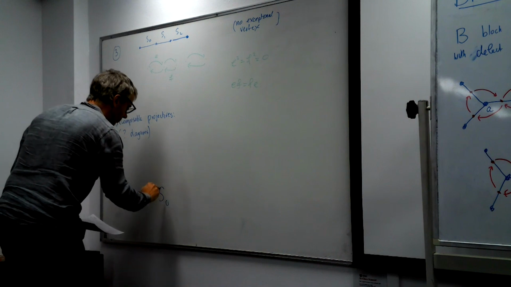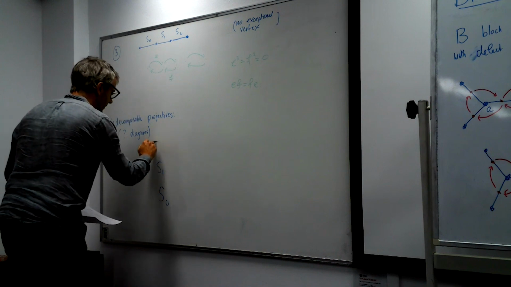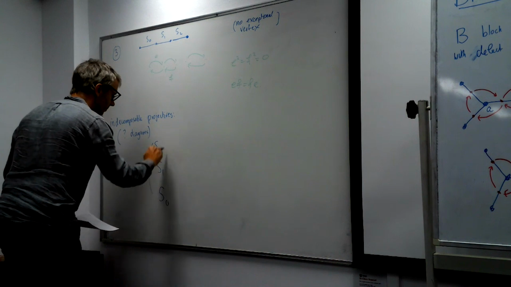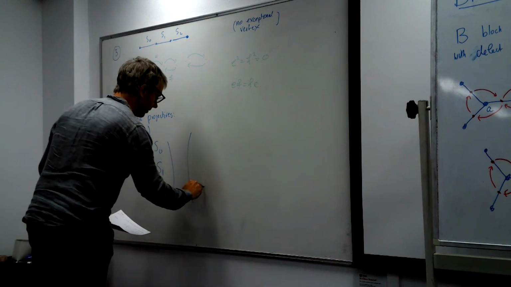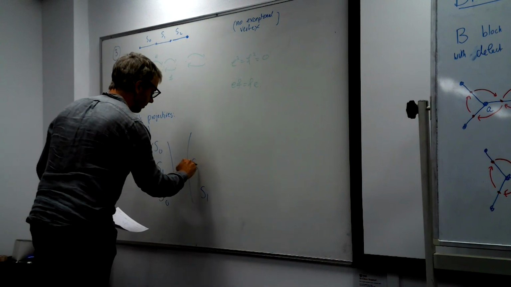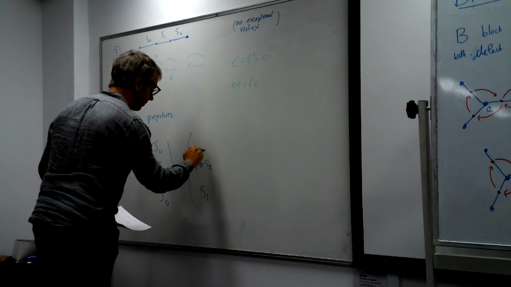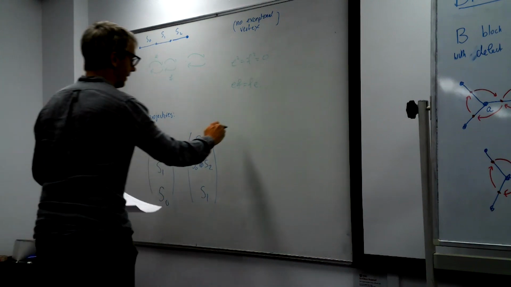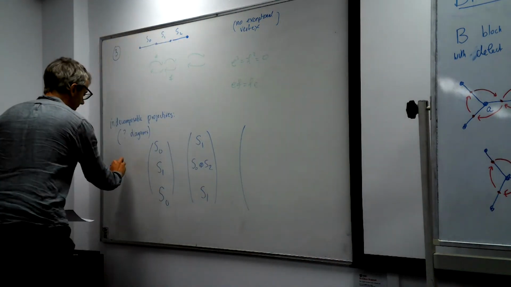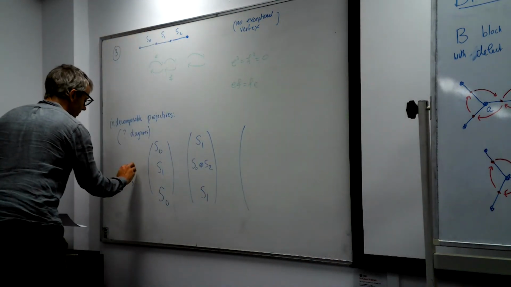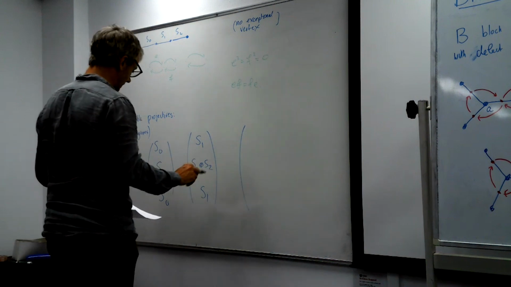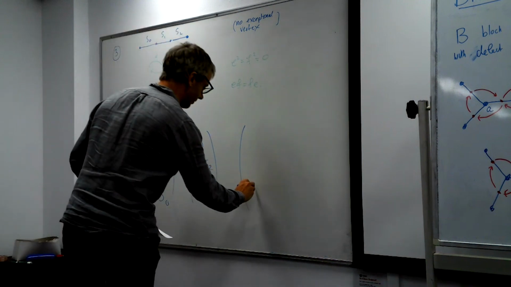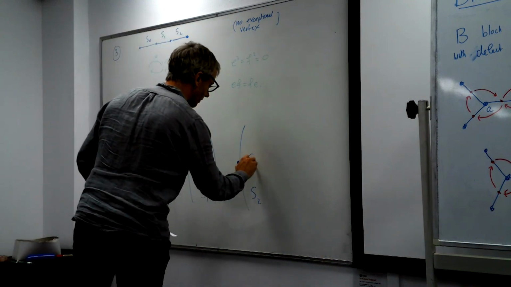So the first one goes S1, S0, S1. Next one goes S1, S0 plus S2, S1. So this would be P, the projective cover of S0, like this, and the projective cover of S2, like S2, S1.